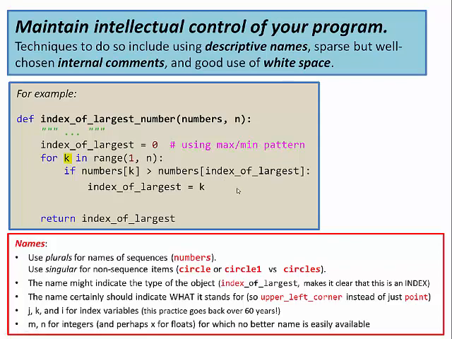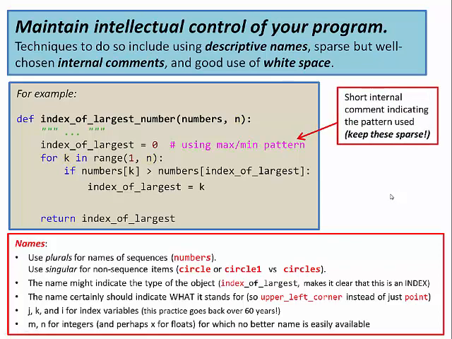And finally, if we have a name that is an integer but doesn't have any other particular meaning, it's just some integer, we typically use m or n for that, and maybe we use x or something like that for a float that has no further meaning. So those are some of the uses of names that help you keep control of what your program is supposed to do. The name makes it clearer to you as well as to other readers what this program is doing.